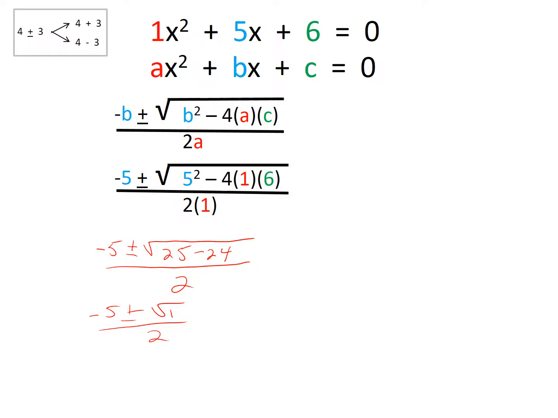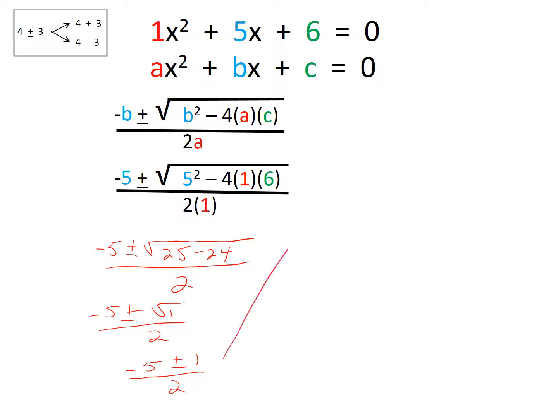So the good news here is it's getting shorter. One last one, the square root of 1 is what? That's 1, right? So we could write this as negative 5 plus or minus 1, divided by 2. And now we'll make use of that plus or minus sign that we looked at just a minute ago.